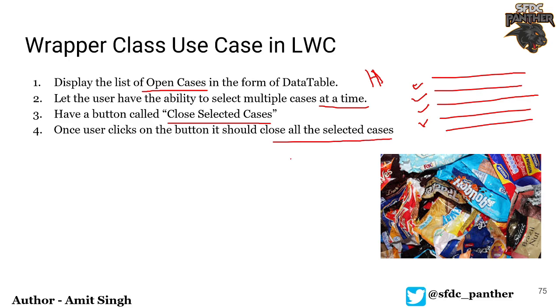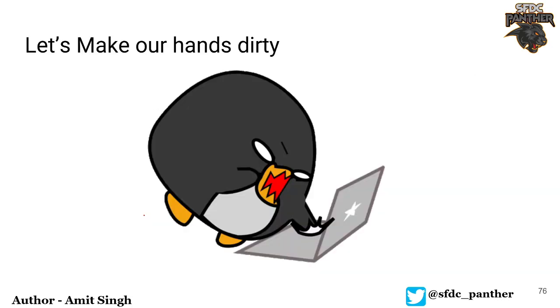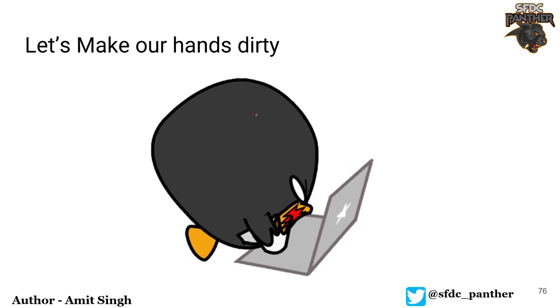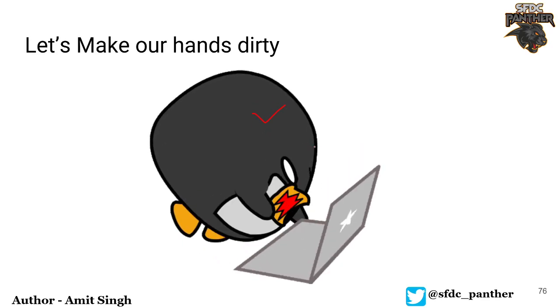So basically we are giving the mass update functionality to the user so that they can update the cases quickly from a particular interface if the cases no longer require any action.